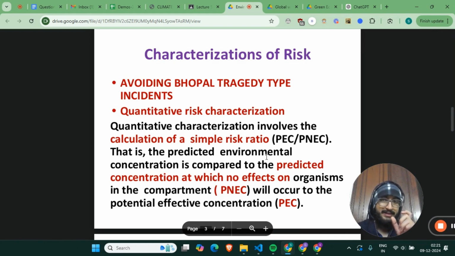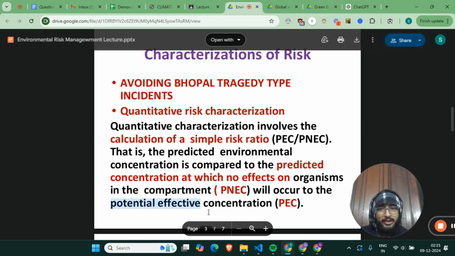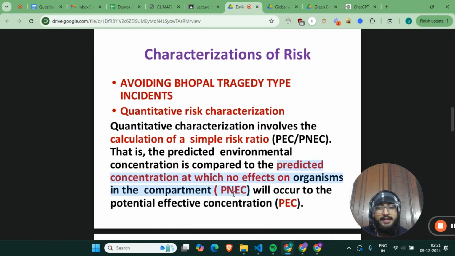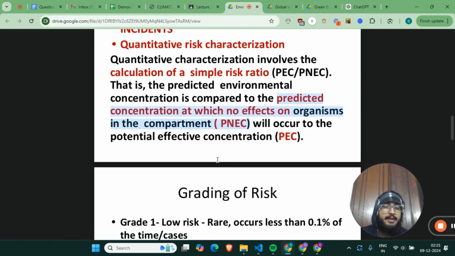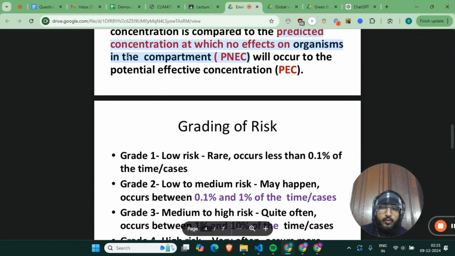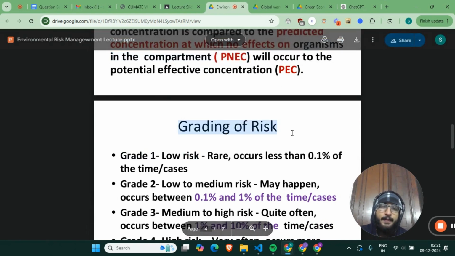PEC is the predicted environmental concentration, and PNEC is the predicted concentration at which no effects on organisms in the compartment will occur.